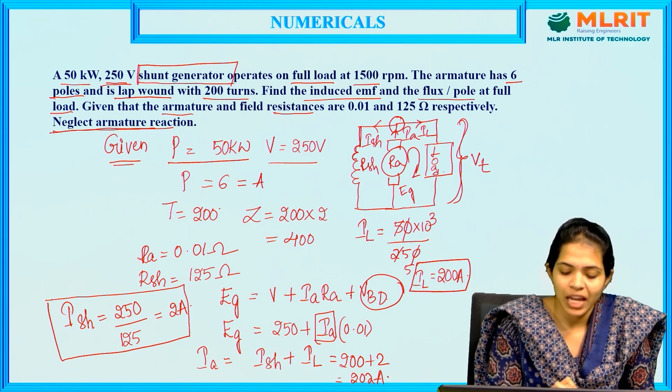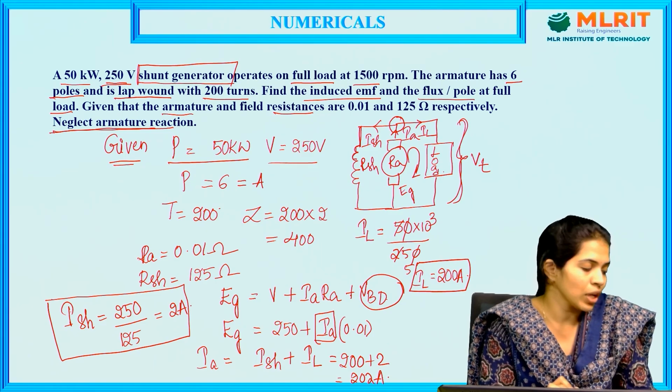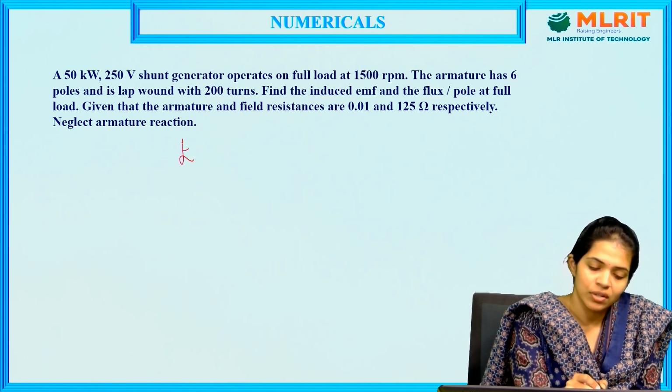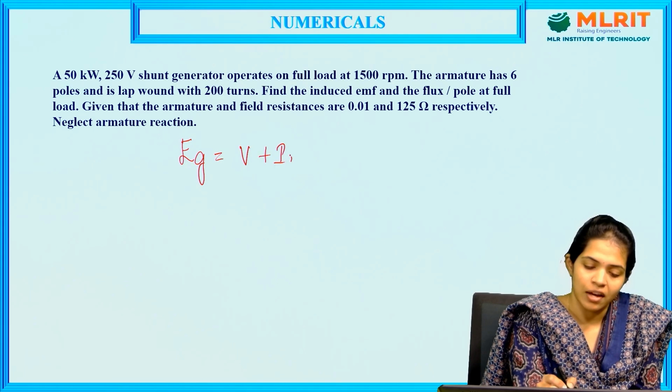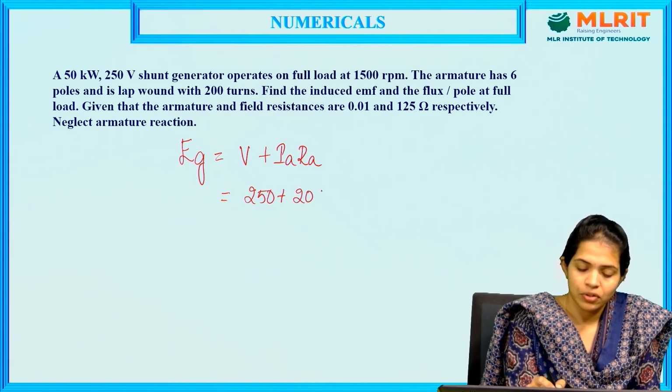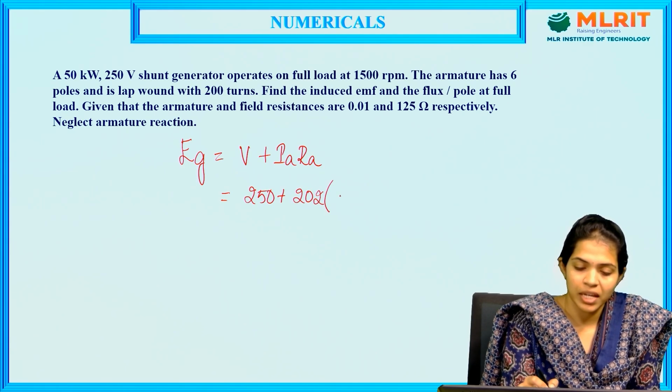After calculating Ia, we have to calculate the generated EMF. It is nothing but Eg equals V plus IaRa. V is given as 250, we got the current as 202, and Ra as 0.01.